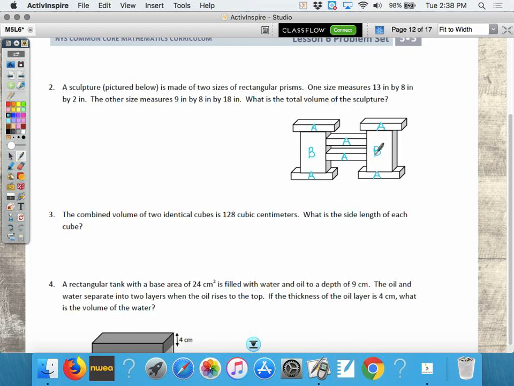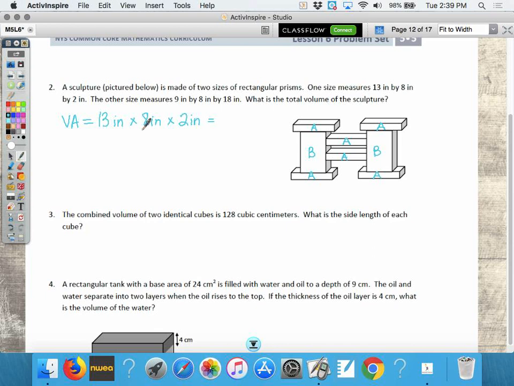So let's figure out the volume of A. So it's going to be 13 inches times 8 inches times 2 inches. We could do 8 times 2, but then we'd have to do 16 times 13. I don't want to do that. So how about if we did 13 times 8, and then take that times 2.